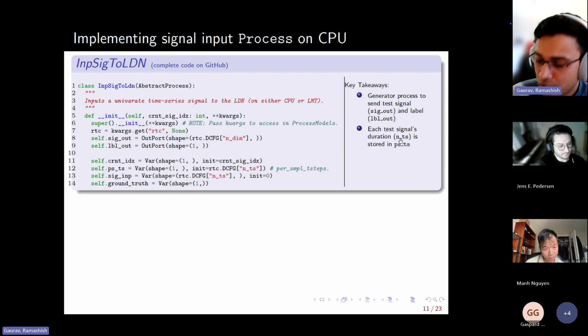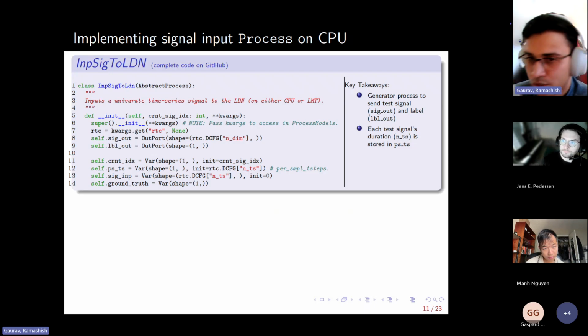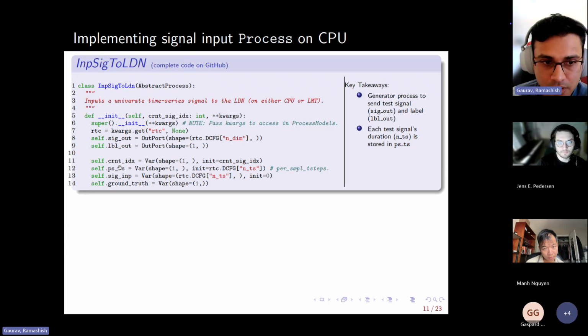The entire duration of that test signal, for example for the ECG 5000 dataset, each test signal comprises 140 time steps. That 140 time steps is stored in the per sample time step variable here. And we will be using this variable to do quite a lot of operations to iterate to the next test signal, once the first test signal has been processed, and so on.